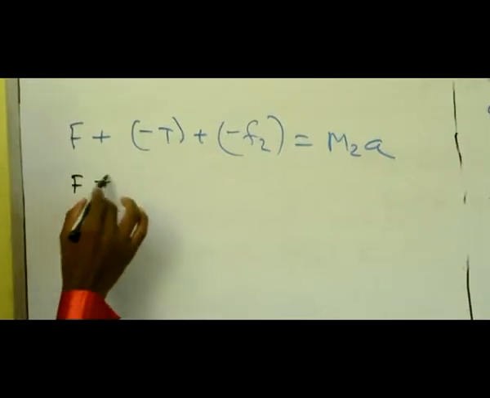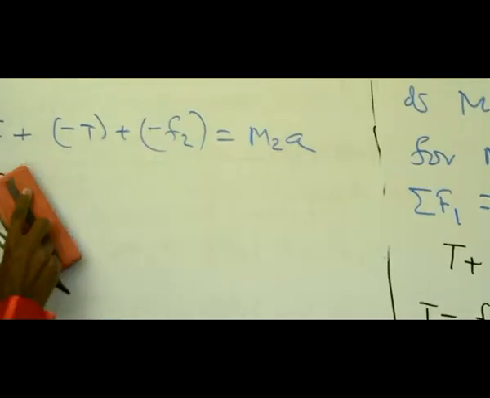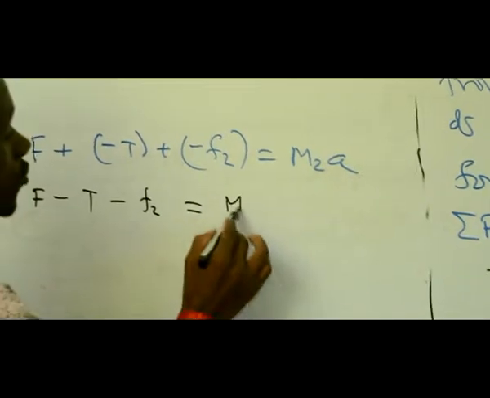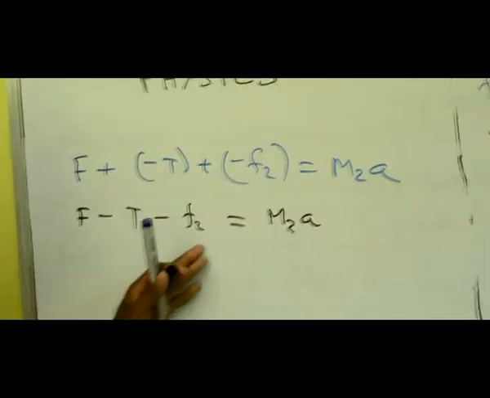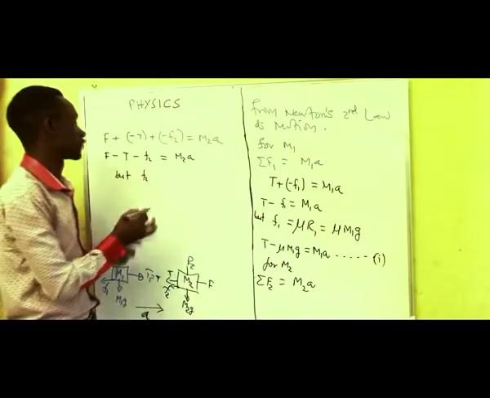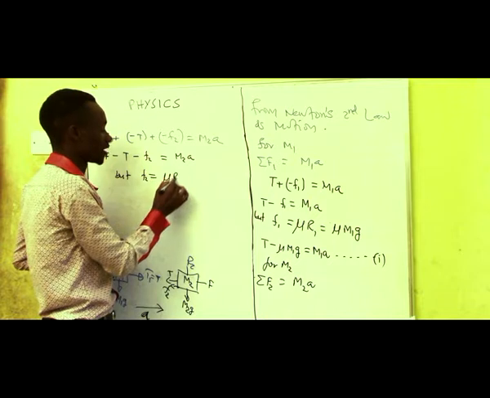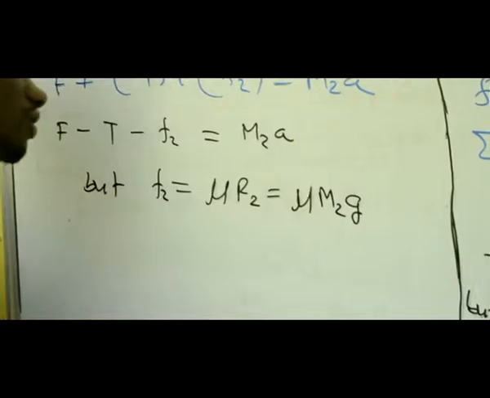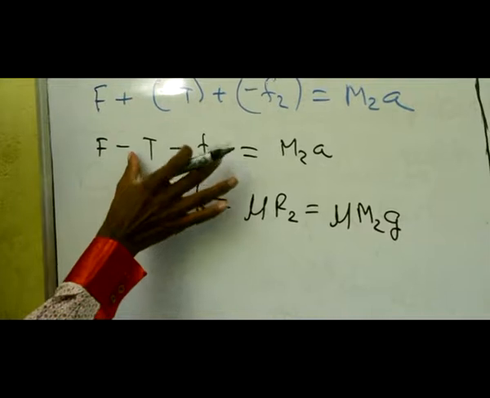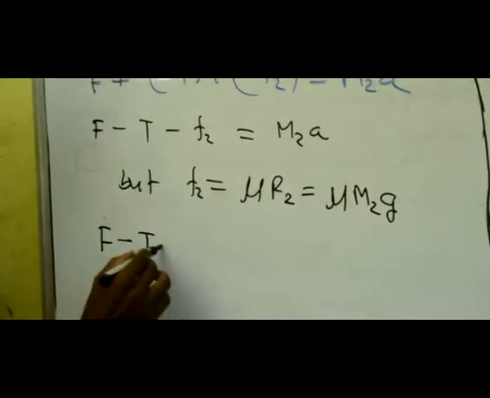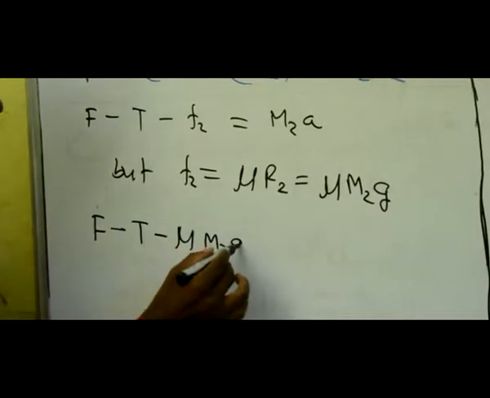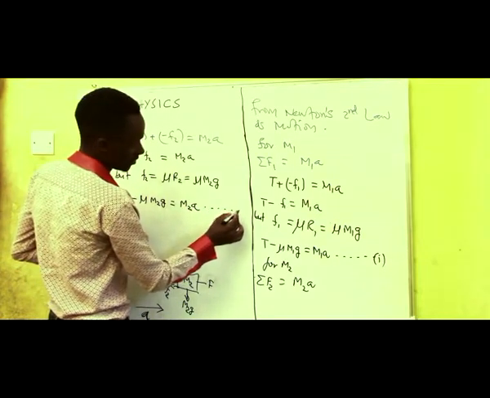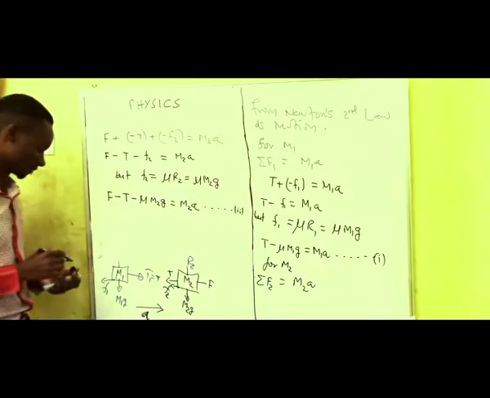We write the equation as F minus tension minus friction force F2 equals M2 times A. But F2 is given by mu times normal reaction R2, which is equal to mu times M2 times G. Now this equation becomes F minus tension minus mu M2 G equals M2 A. This is the second equation.